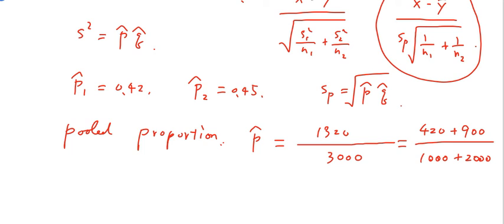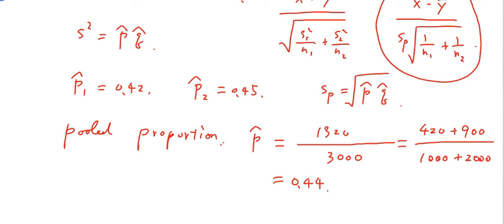So this proportion is where we put the two surveys together and check how many people like those two candidates. So 1320 over 3000 equals 0.44. So this 44% is the pooled proportion.